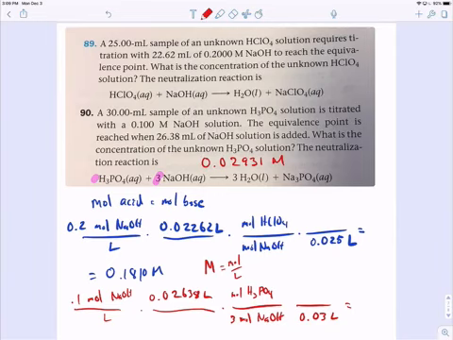Oh, 30 milliliters. Okay, so no, there's no mole. It's just blank. Because if you look at the units, this cancels out, that cancels out. So we want the moles to cancel, and then you get the units are mole acid per liter. So a molar acid.